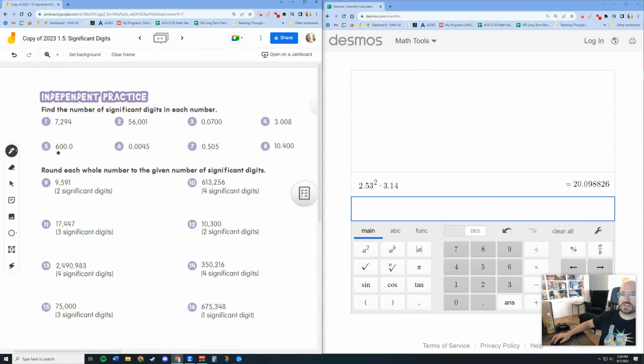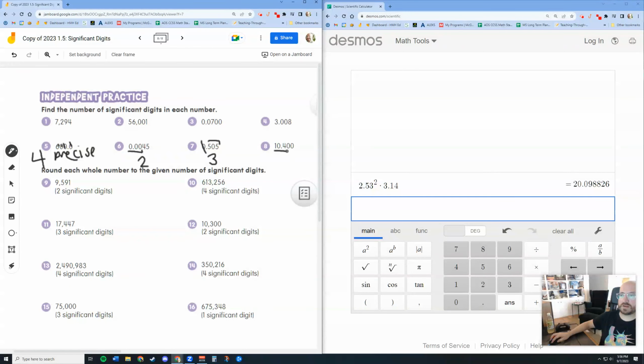How many significant digits? Well, this is precise. It's not just 600, it's exactly 600. So this would be 4. 1, 2, 3, 4. Here, these are leading zeros. So I don't count those. This would be 2. We don't count this leading 0, but we do count the trapped one in between.